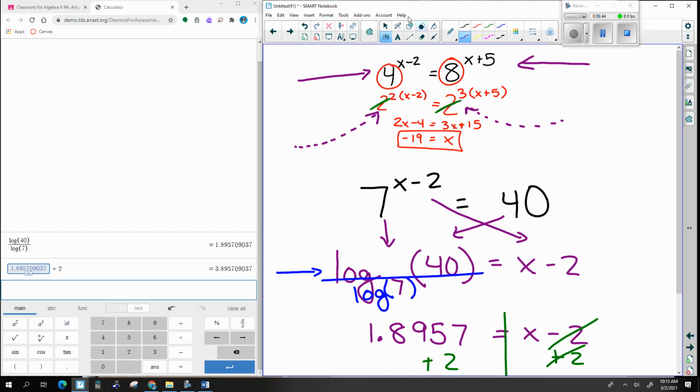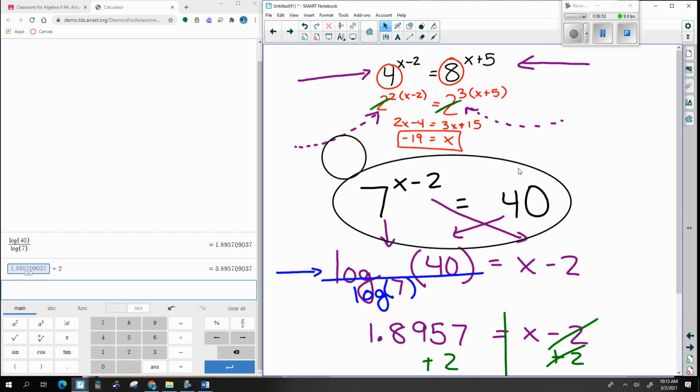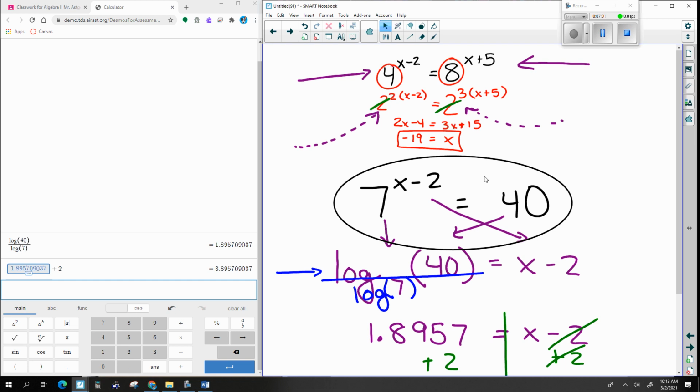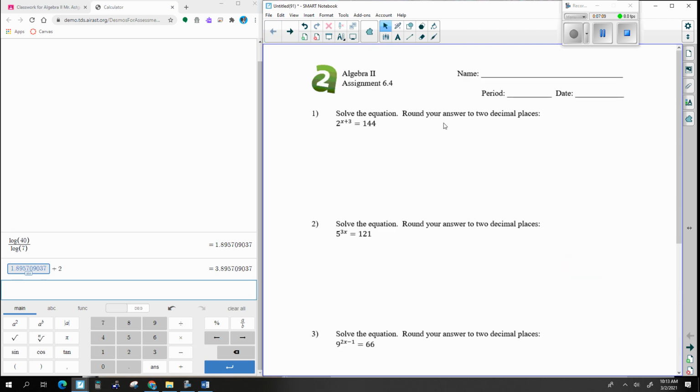Today's problems, I don't think all of them, but whoa, that's supposed to be an oval or ellipse. They're going to be like this bottom problem. We did the above problems in the last assignment. Today we're going to be focusing primarily on these bottom examples, so we have to rewrite them as a log and then just solve. All right, let's go to work.